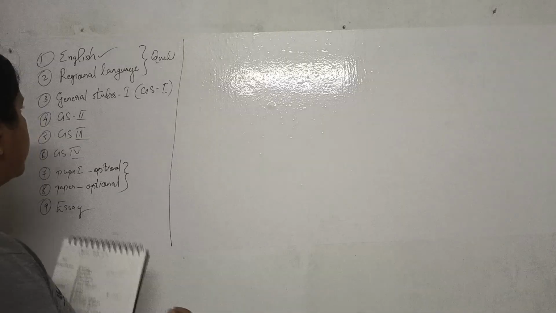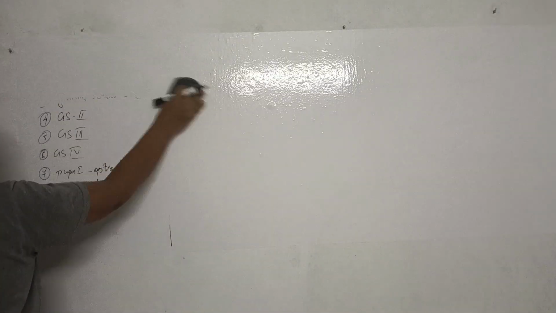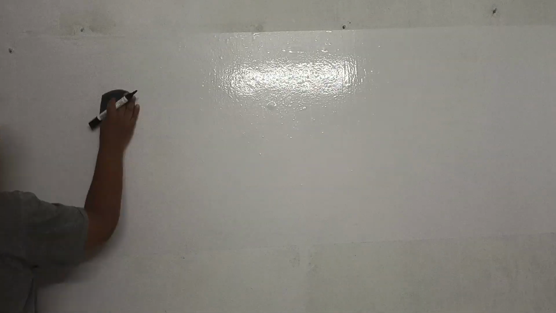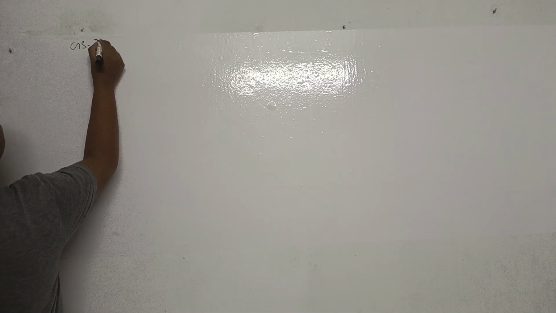So the first one is General Studies paper 1, GS1. The syllabus of GS1 contains 18 topics in it.